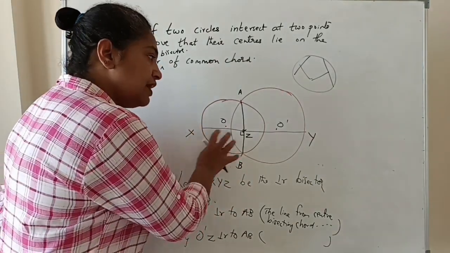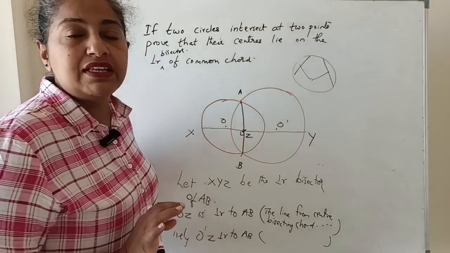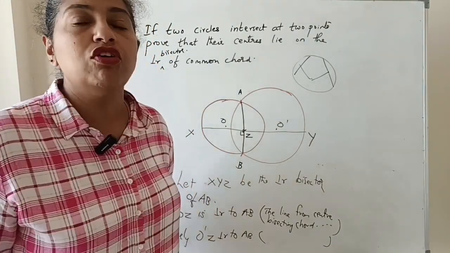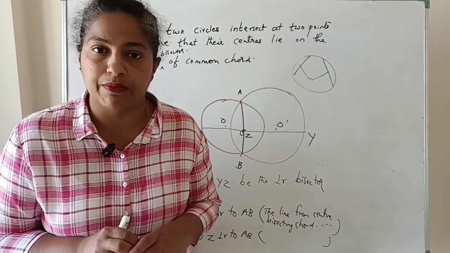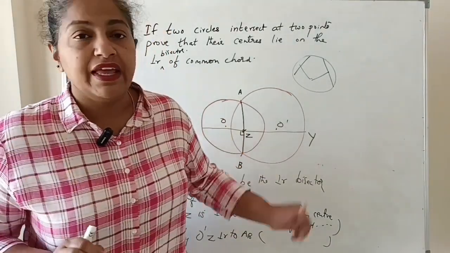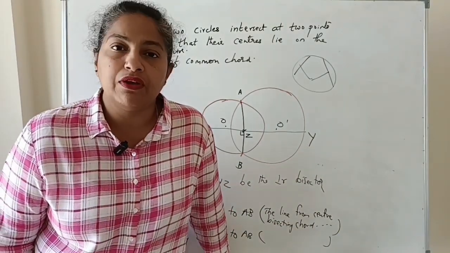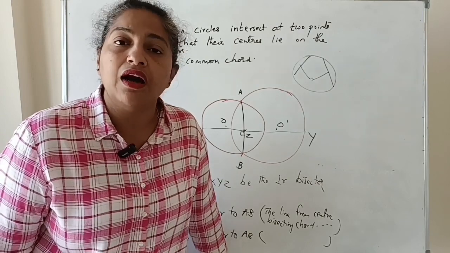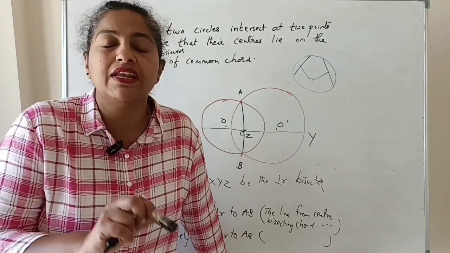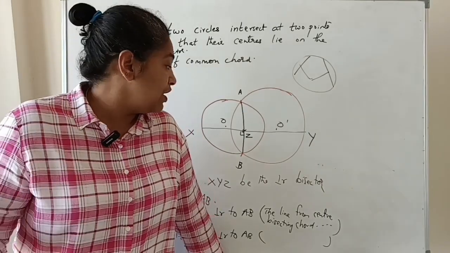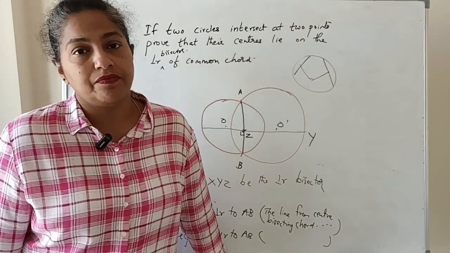We know that OZ then will become the perpendicular bisector of AB, and O dash Z also will become the perpendicular bisector of AB. Since a line can have only one perpendicular bisector, and XZY is already the perpendicular bisector, O and O dash are two points that should lie along XZ and YZ.